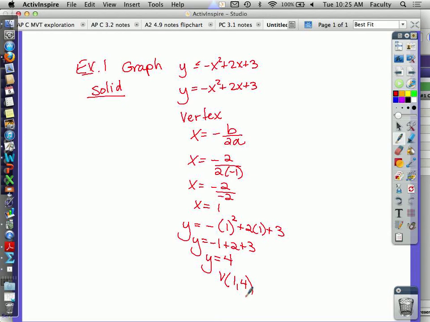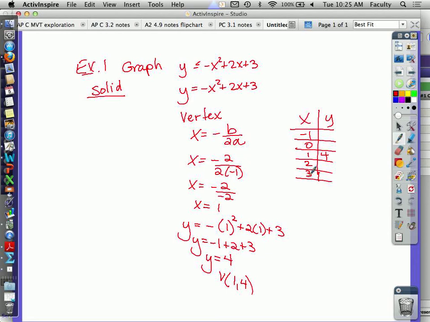Now once you have the vertex, what do you do to graph your parabola? You have to make a table or a t-chart. Good job. So we're going to make our chart with 5 rows. In this case, we actually don't need the axis of symmetry for what we're doing, but it's a good idea. Now 0 is a very friendly number.